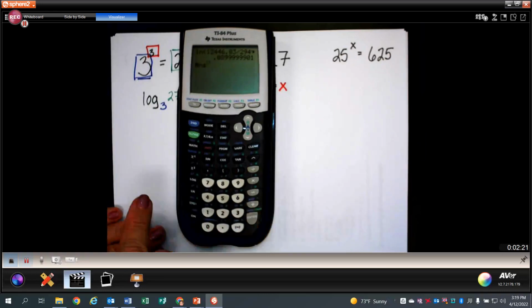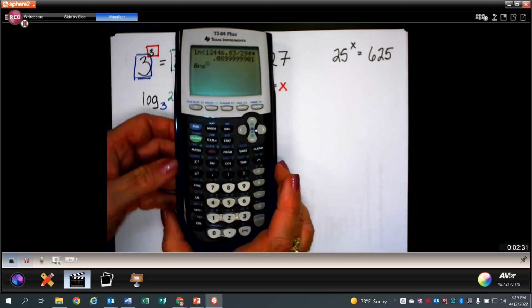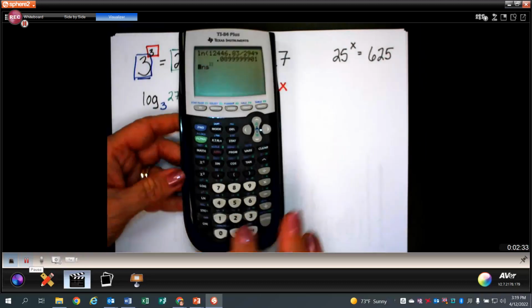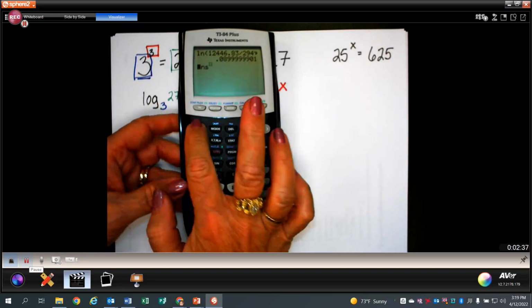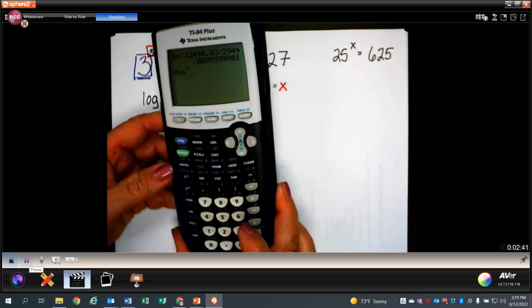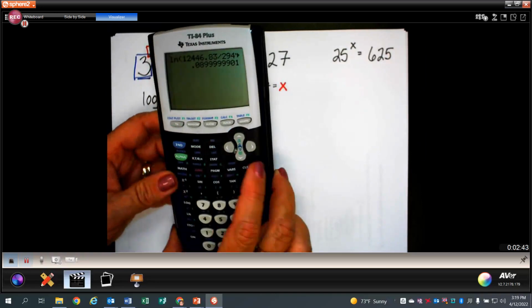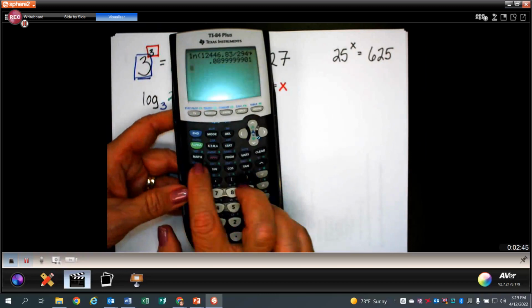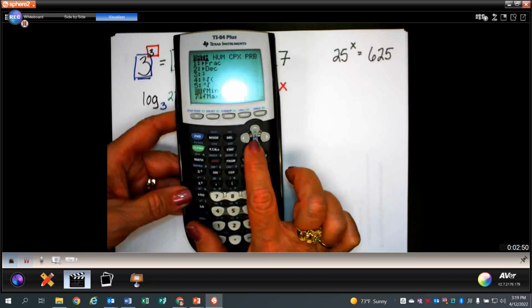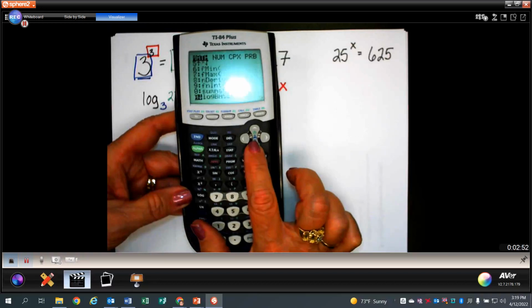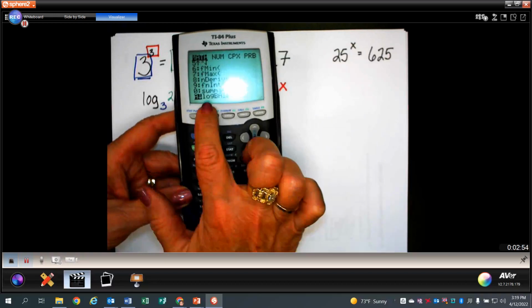To use log, I can click right here if it is a log base 10. If it's not log base 10, then I will need to convert. So I need to hit math, and then scroll down to log base.